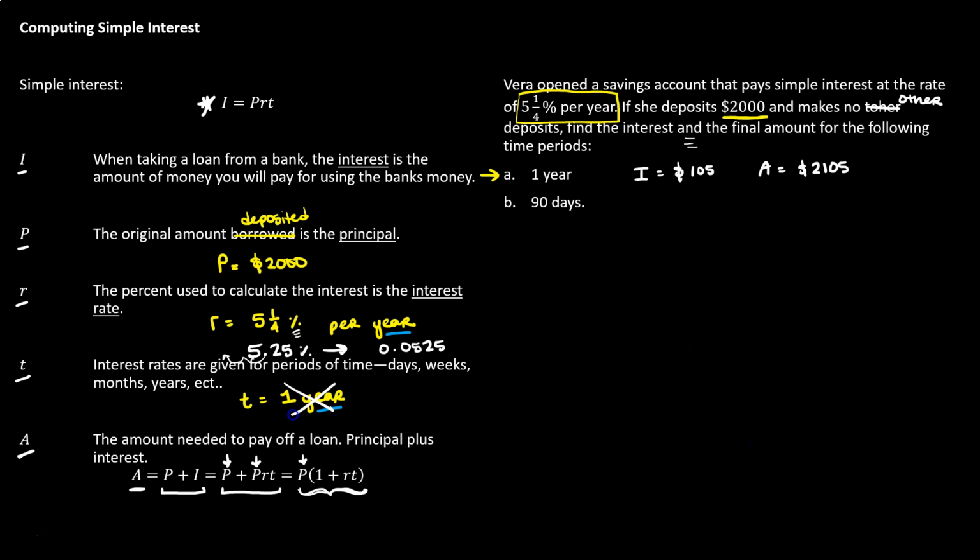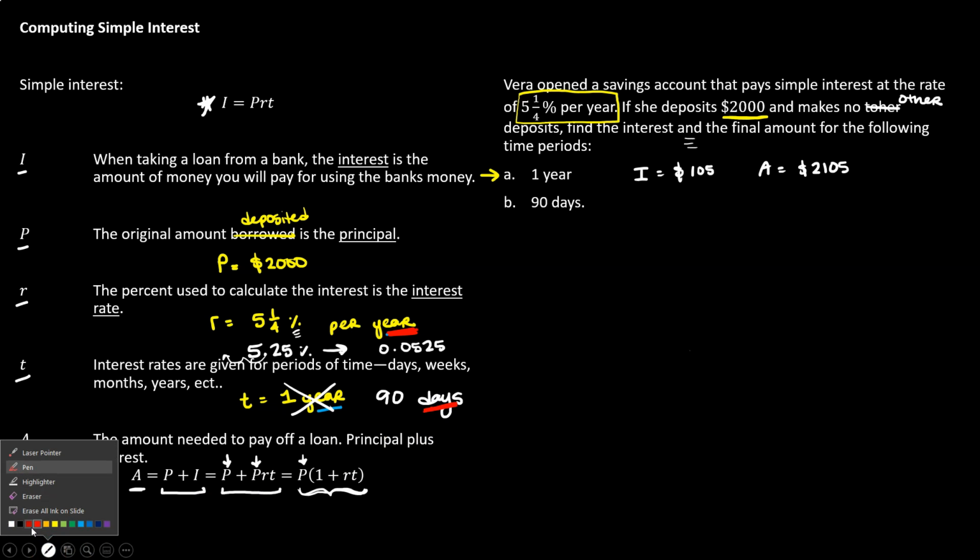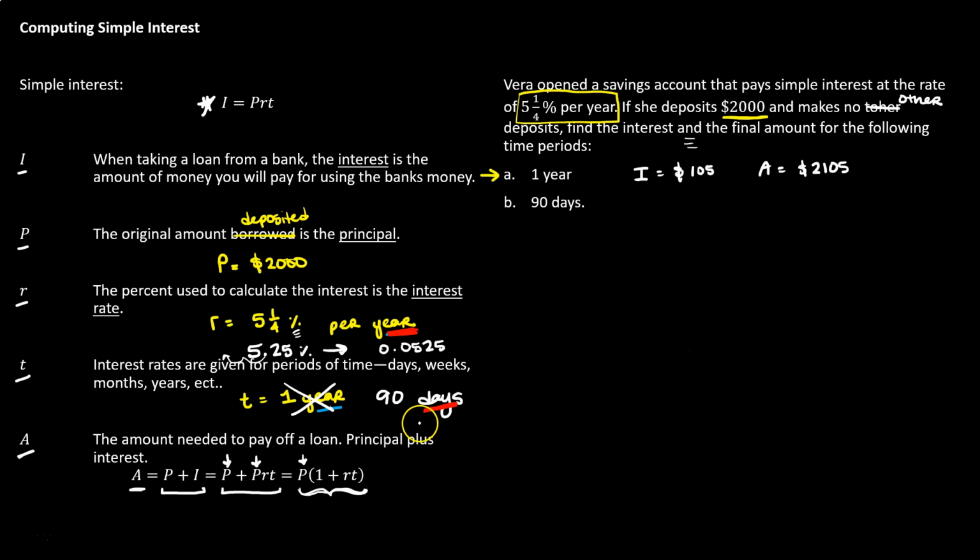Now let's take a look at how this changes when the time frame is 90 days. Instead of 1 year, if we say 90 days, a small problem appears. The time frame from our interest rate and the time frame for the interest accumulation don't match, and they absolutely need to. We know 90 days is less than 1 year, so we can change that 90 days into a fraction of the year.